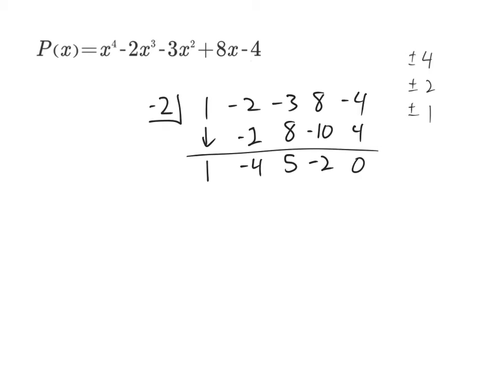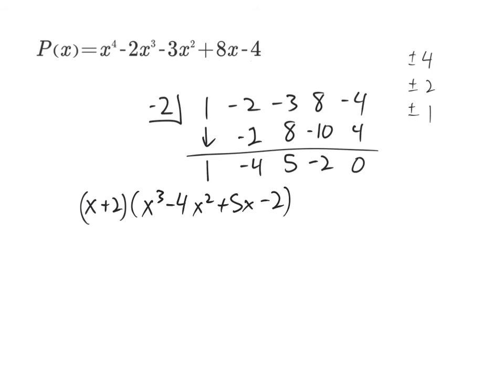If it's 0, that means that is a root. And this factors out to be x plus 2, because this is the root of this, and then it factors out to be the rest of this with 1 degree less. So x cubed minus 4x squared plus 5x minus 2. So that's what that factors out to be.